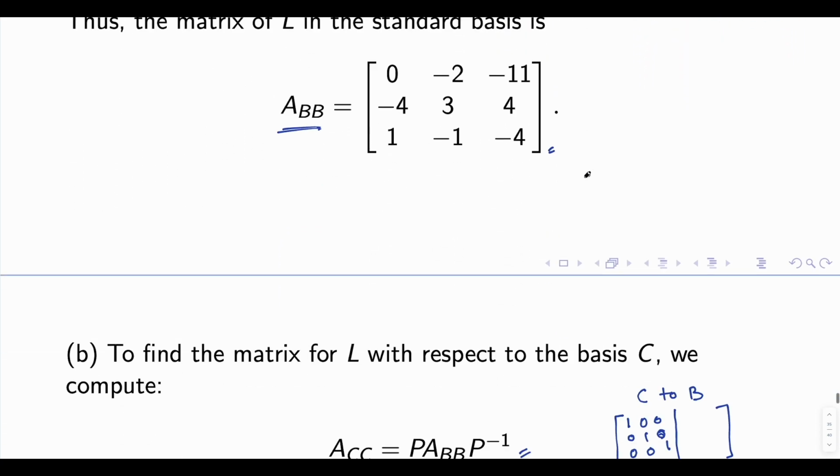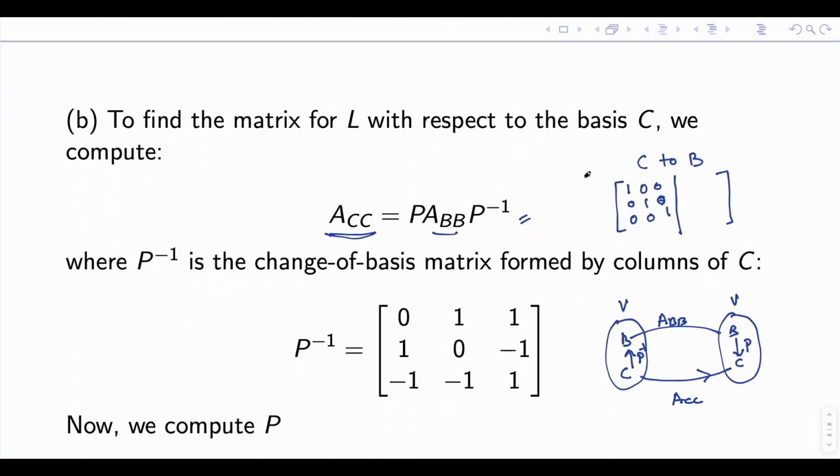So when you plug in 0 1 minus 1, then what happens here is C to B. C to B means simply you write the columns, right? So what are the columns of C? Columns of C means your 0 1 minus 1, 1 0 minus 1, 1 minus 1 1.